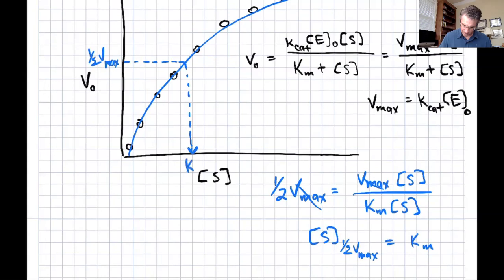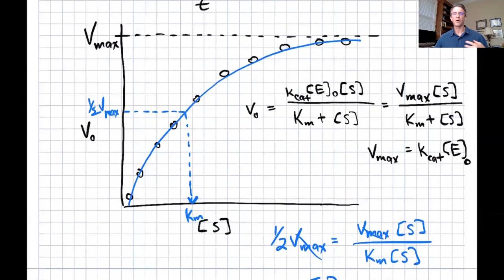So kind of like we saw with binding data, like we saw with an exponential decay, looking at that half amplitude point tells you something characteristic. In the case of steady state enzyme kinetics, the concentration at that 1/2 Vmax point is equivalent to the Km.